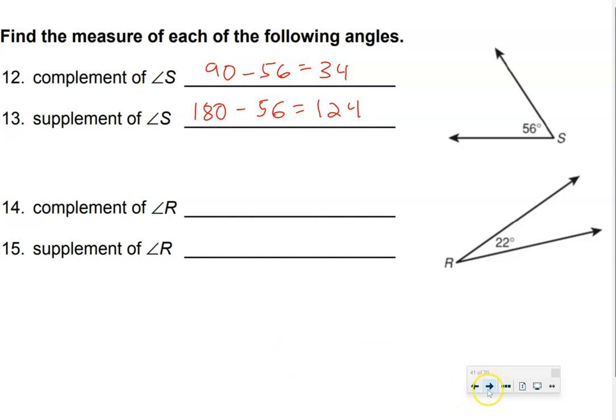So on 14, find the complementary: just do 90 minus 22, and that gets you 68. And for the supplementary, do 180 minus 22 and that gets you 158.